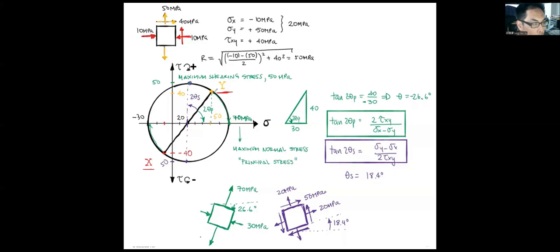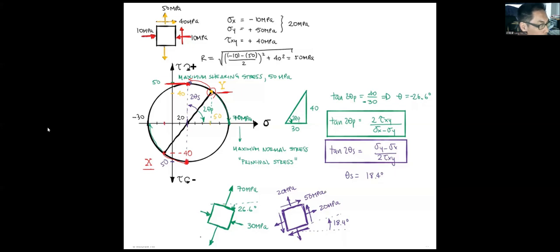When this point is rotated counterclockwise to the top point of the Mohr circle, that is where the maximum shear stress is.